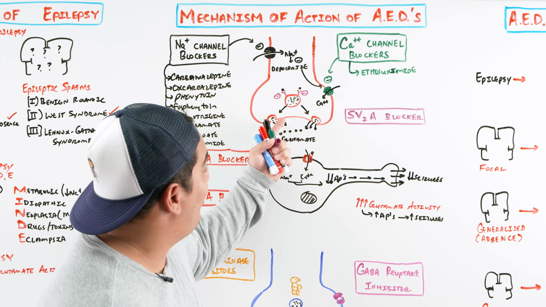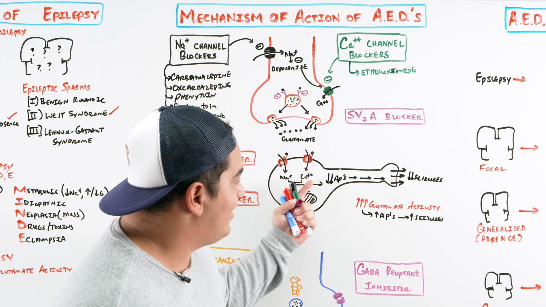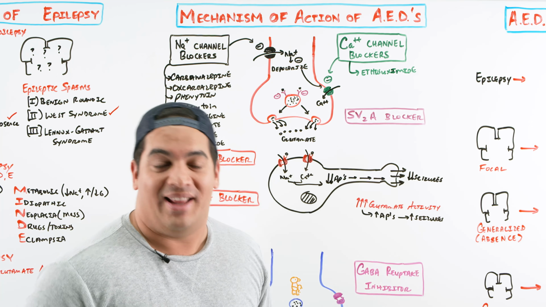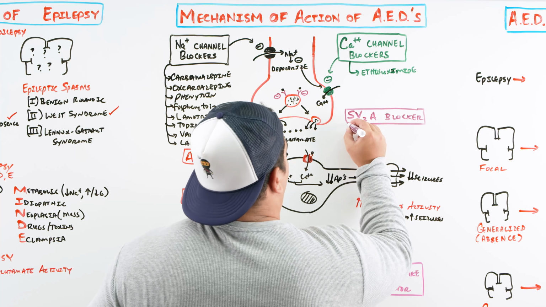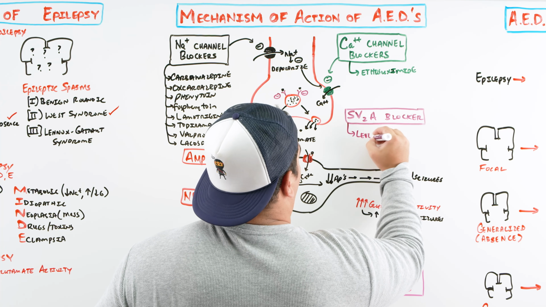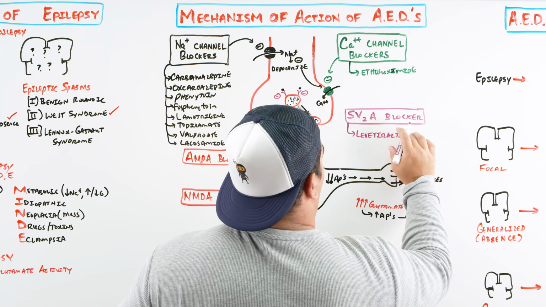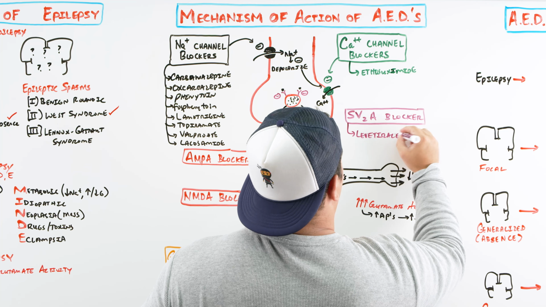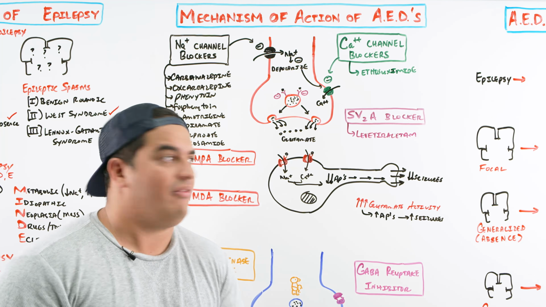If I inhibit it, they don't fuse, they don't release glutamate, it doesn't bind onto these channels, doesn't allow sodium-calcium influx, doesn't cause depolarization or action potentials, and inhibits seizure production. This drug is called levetiracetam. This is a really great drug. Very little adverse effects, and it's very effective.